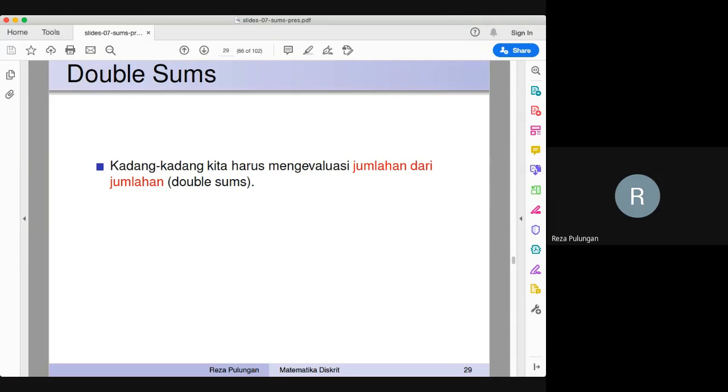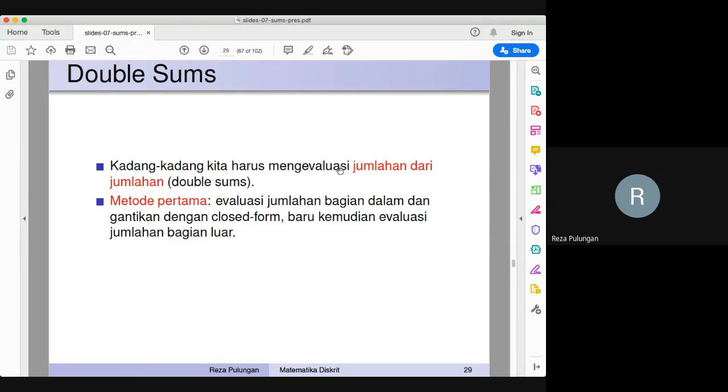So the summation is not just one single sum, but a couple of sums. Sometimes we need to evaluate summation of a summation. This is what we call a double sum. Of course, this can be also triple sums, 3 times, 4 times, 5 times, and so forth. But in general terms, you can also always see them as a double sum.